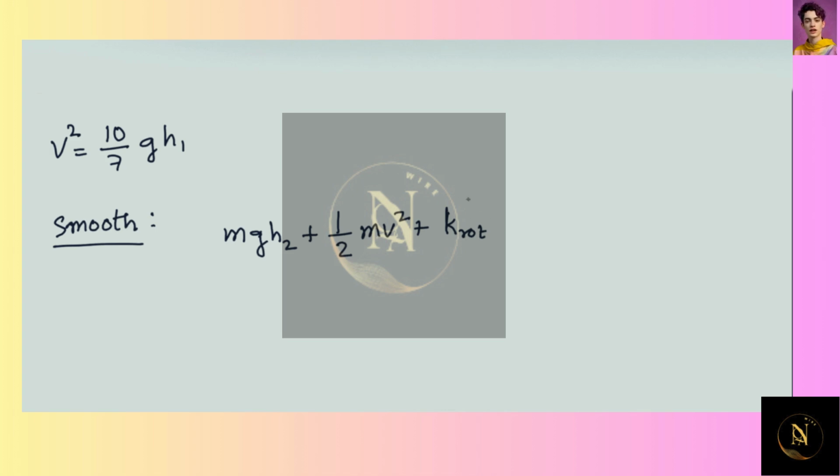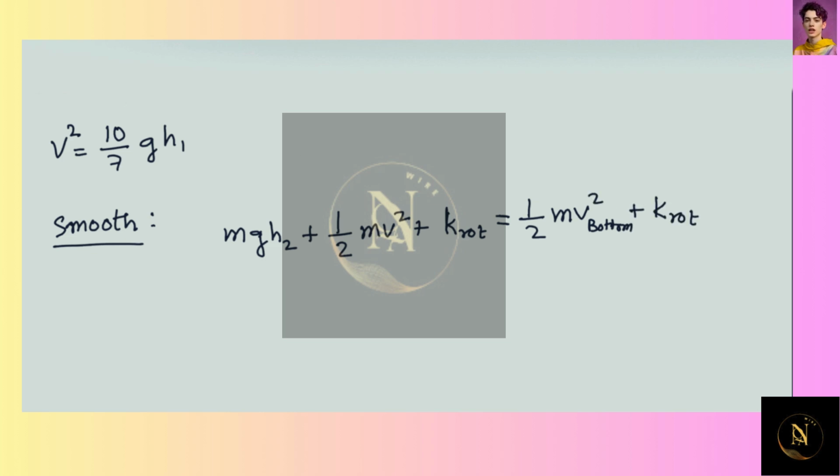We are not writing the expression for K rotational here, and you'll see in a second why. On the right side, it's the bottom part where we have the translational kinetic energy, half m v bottom squared, plus the rotational part.